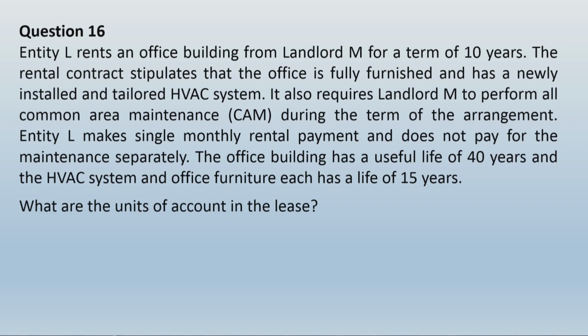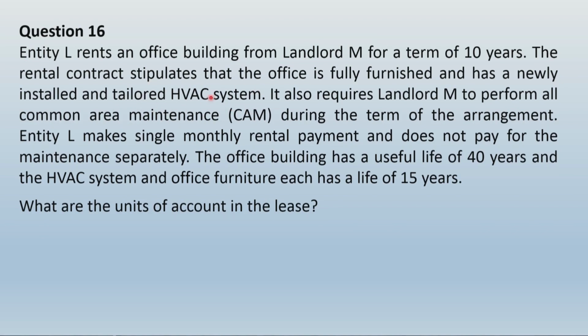Indirectly, the question is asking you to identify how many components are involved in this arrangement. So what we should do is analyze the whole situation, and we can find out that there are in total 3 components in the arrangement. One component is the office building along with the HVAC system.